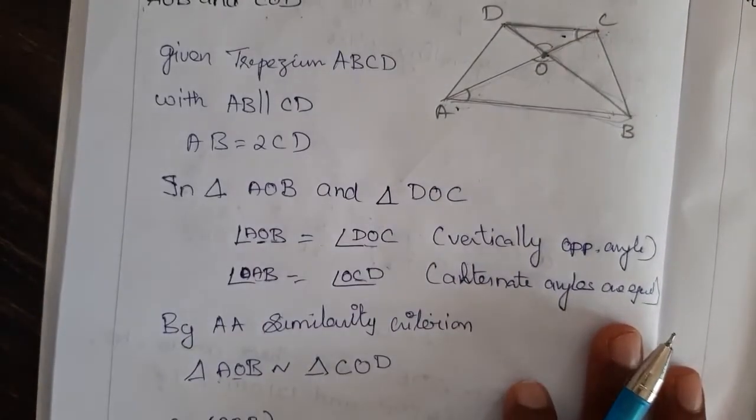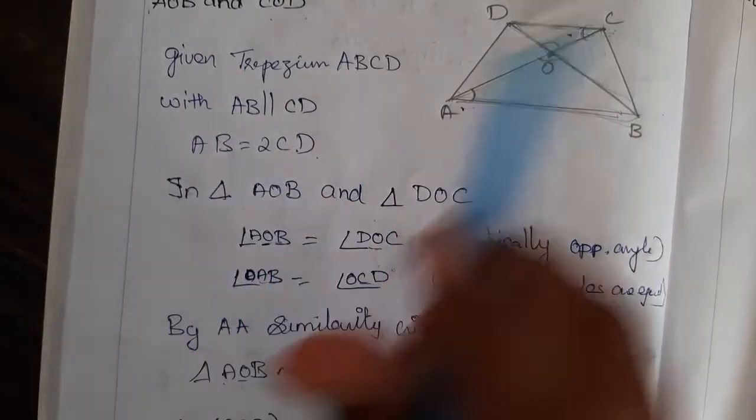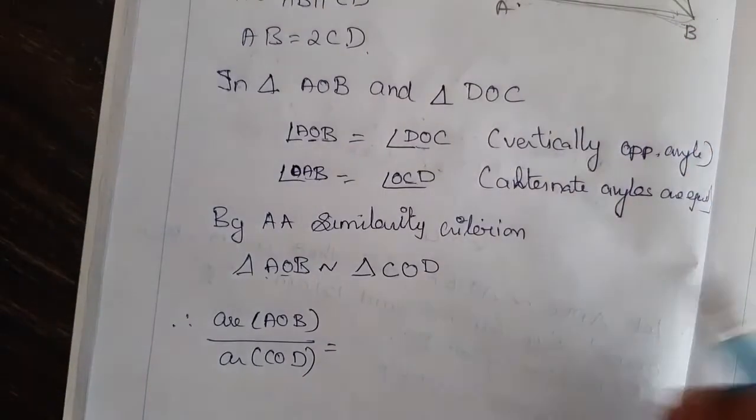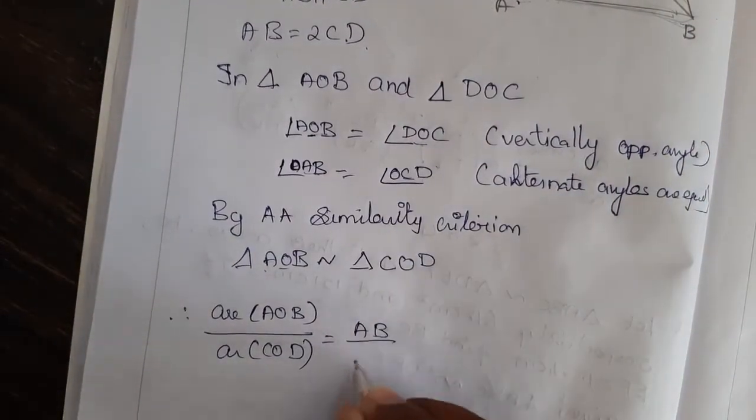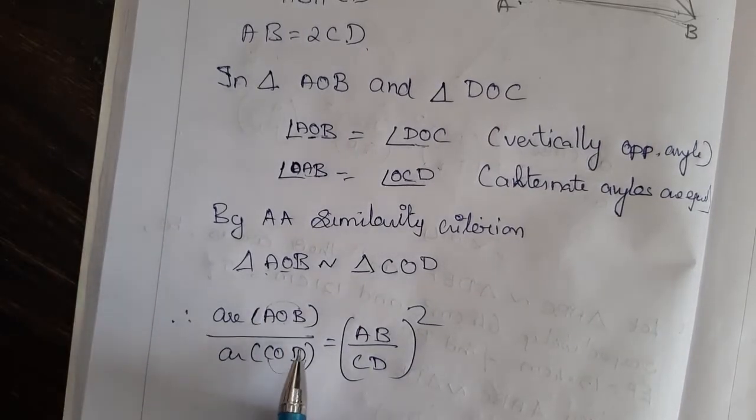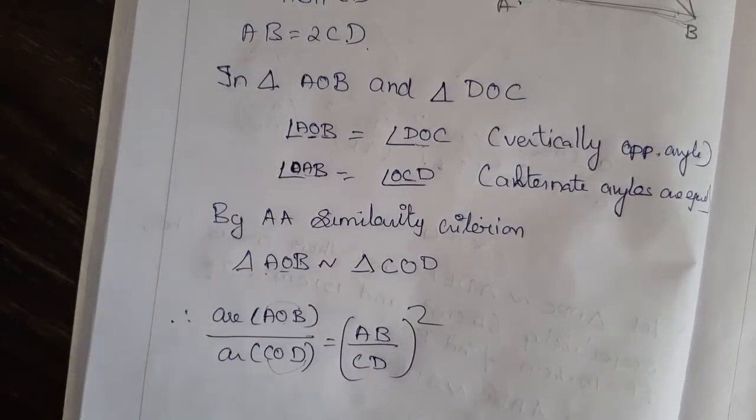We know that AB and CD are given, so we take the sides containing AB and CD: AB by CD the whole square. The rest we do not need, since we don't have that data.